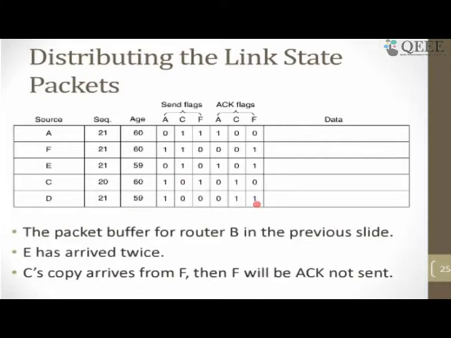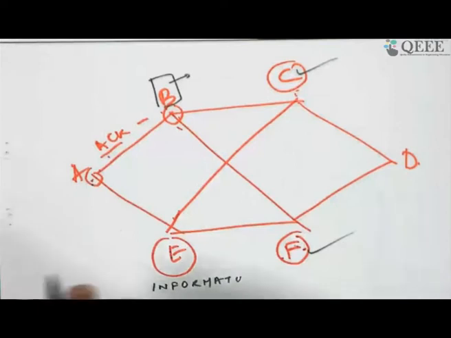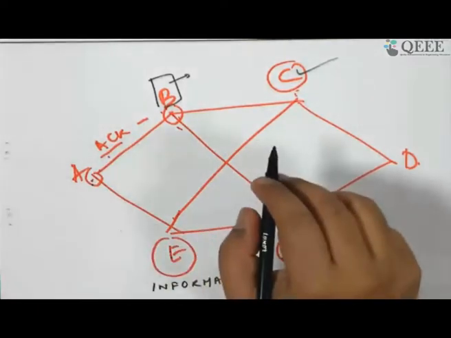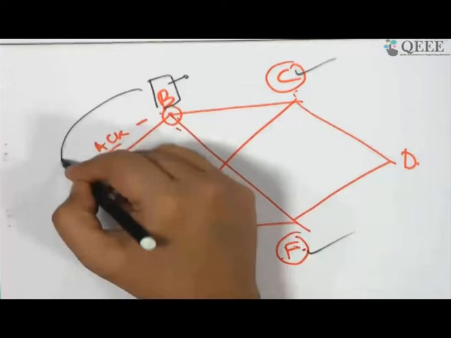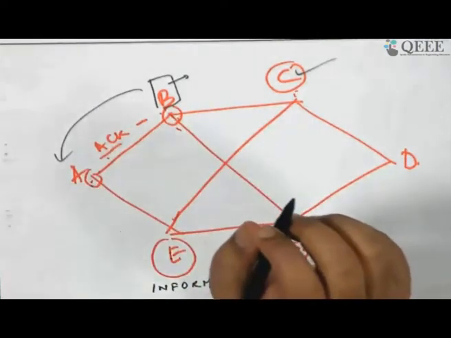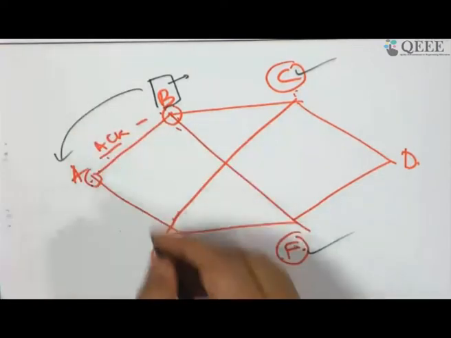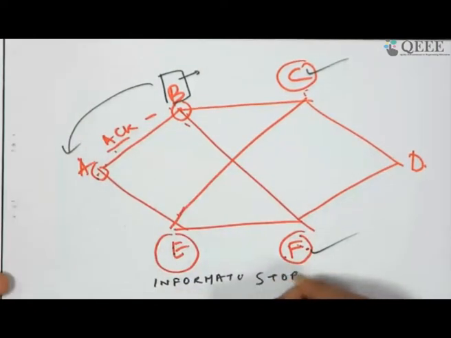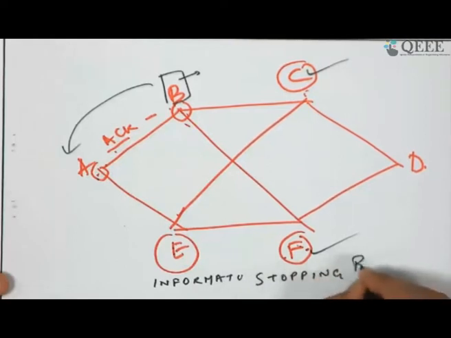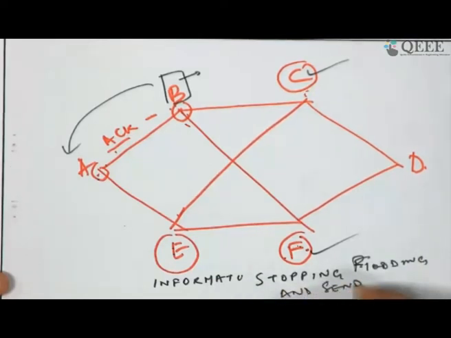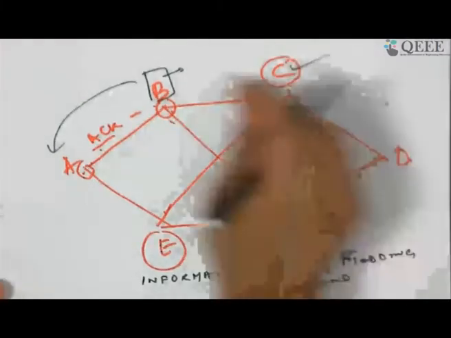So this also happens with D. D's information is received through C and F, and so it has to send this information back to nobody else. So what is happening through this? You are stopping flooding and sending packets. There are 2-3 things happening.